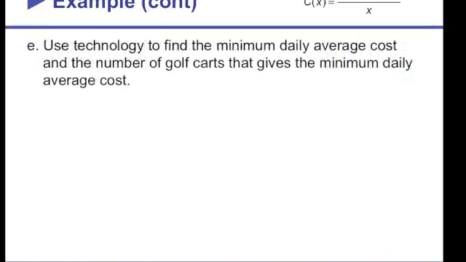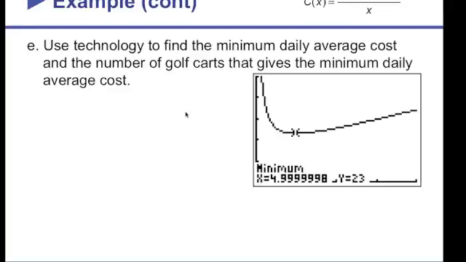Now they ask us to use that same function and use technology to find the minimum daily cost and the number of golf carts that gives that minimum daily cost. Well, this might look familiar. We have a picture of our graphing calculator, and they have found the minimum by left bound, right bound.